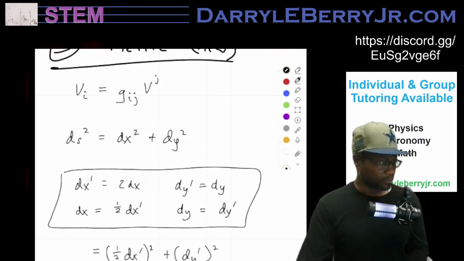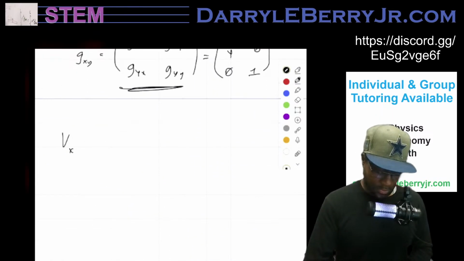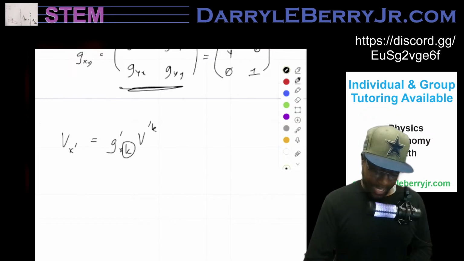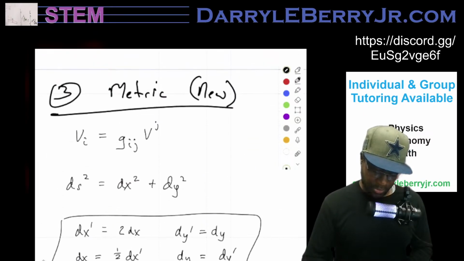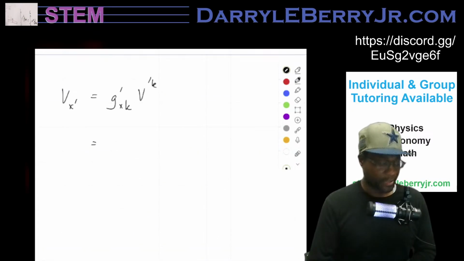All right, so we'll do v lower x prime equals g x k prime v prime k. So I'm going to note that this is a summed over indices. This is the same thing we did here, but slightly more explicitly. So I'm going to write it out as a sum. Actually this would have been k.